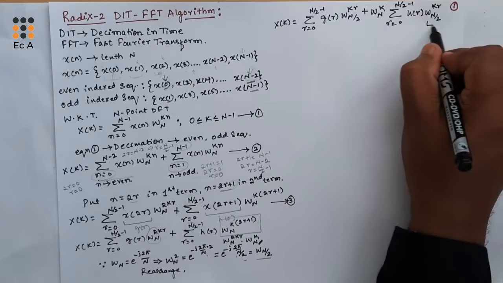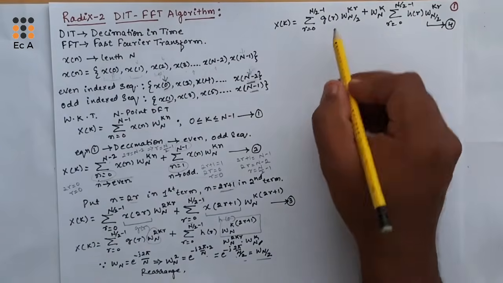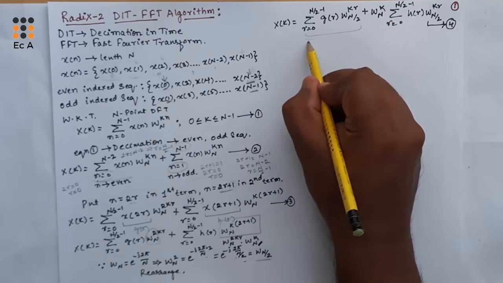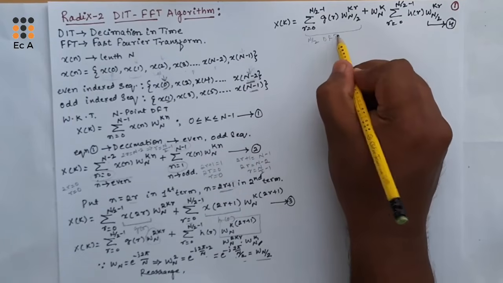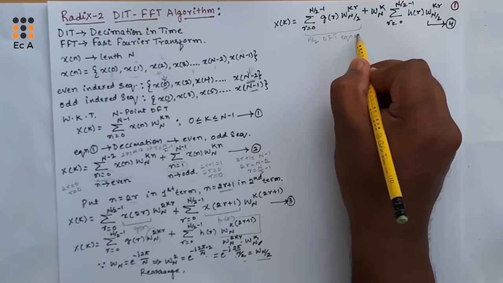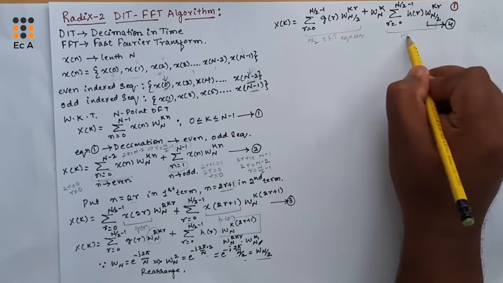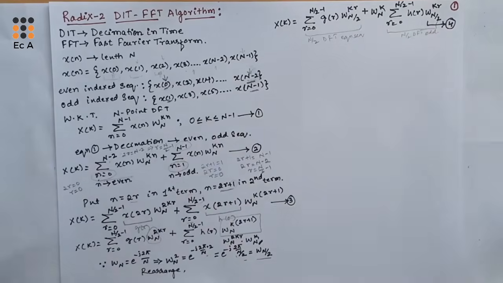Let us call this equation number 4. In this equation 4, this term is the N by 2 DFT of the even sequence, and this term is the N by 2 DFT of the odd sequence.